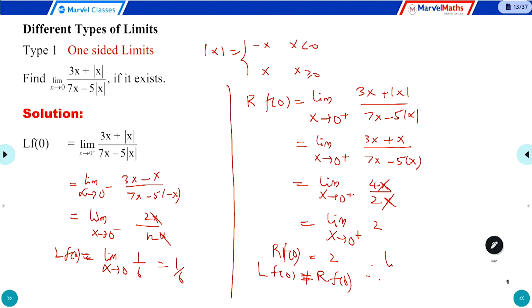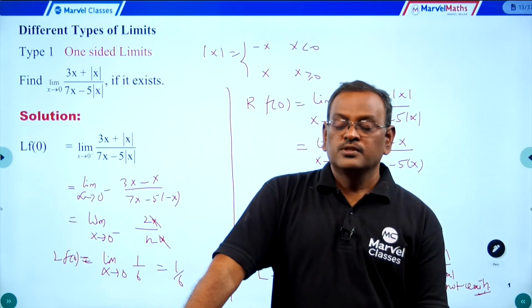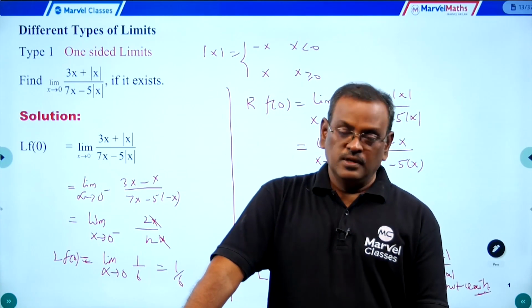Therefore limit x approaches 0, (3x + |x|) / (7x − 5|x|) does not exist. Why does this limit not exist? Because even though both LHL and RHL exist, both the values are unequal. So because LHL is not equal to RHL, the limit does not exist.